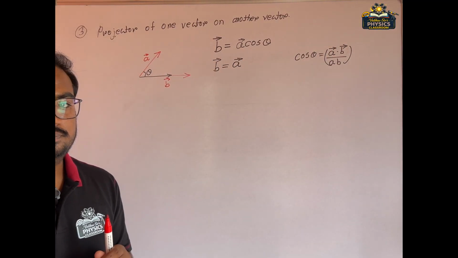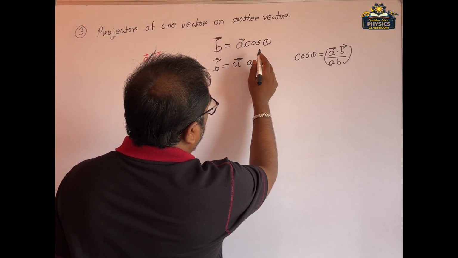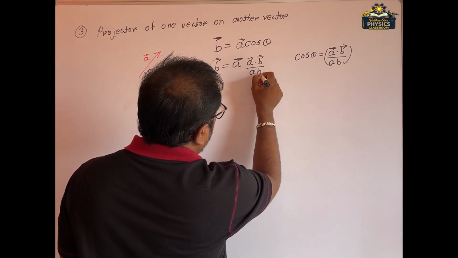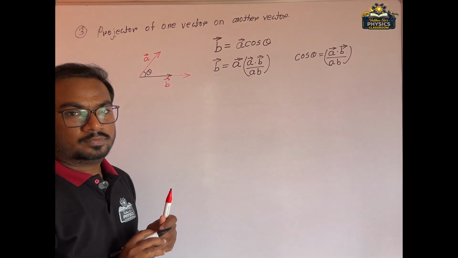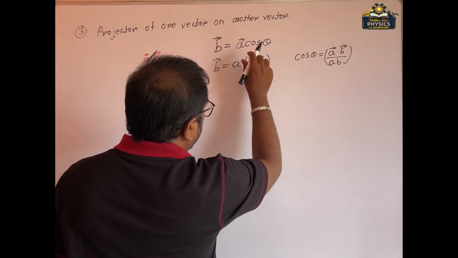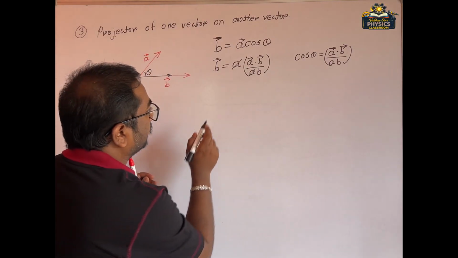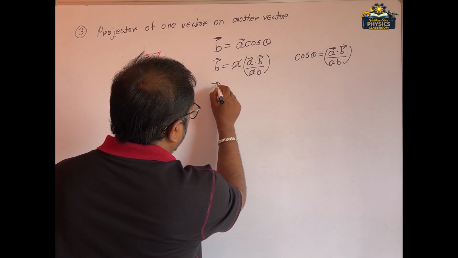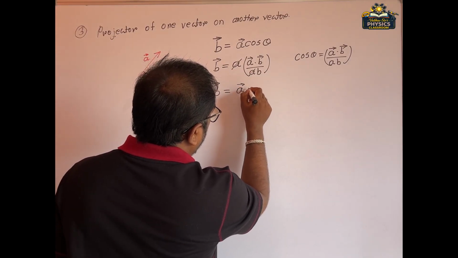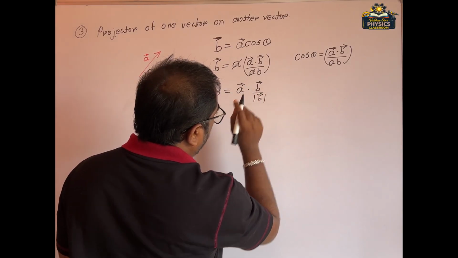Alright, a and a will get cancelled. Then here a dot b divided by magnitude of b.